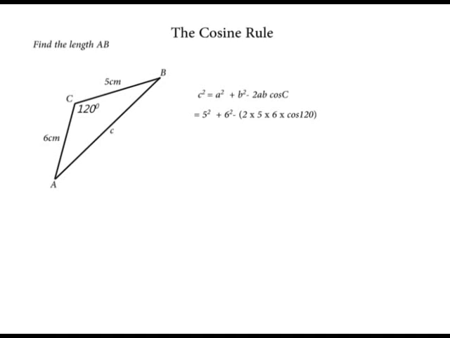Cos 120 is equal to negative 0.5. Therefore, c squared is equal to 25 plus 36 minus 60 times negative 0.5. That gives us 61 plus 30. And given to 2 decimal places, that is 9.54 centimeters.